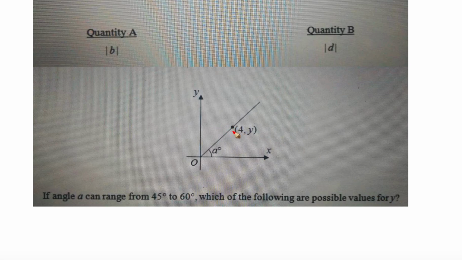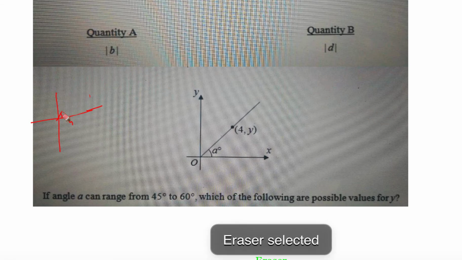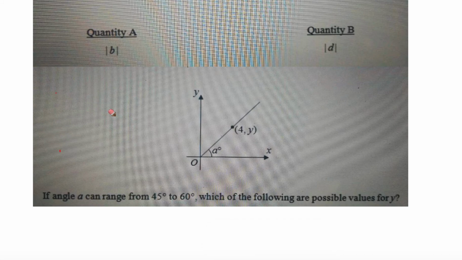So let me draw one picture here. Here is the point for y. So we can say up to this y is 4, and if it is angle 45, let me draw more clearly. Sorry for the interruption. Let me draw a bigger one.